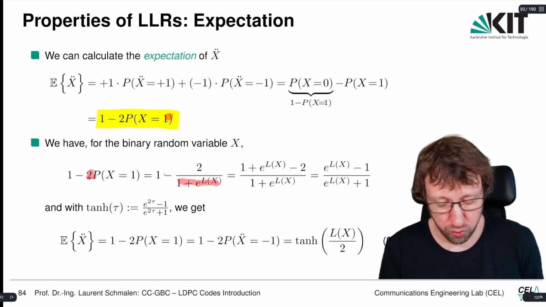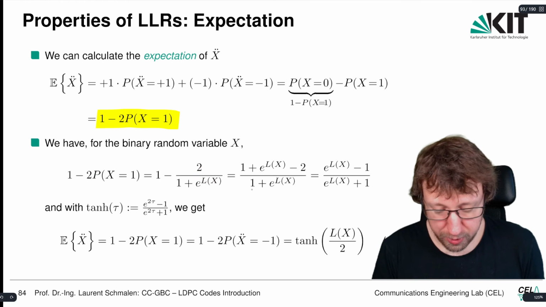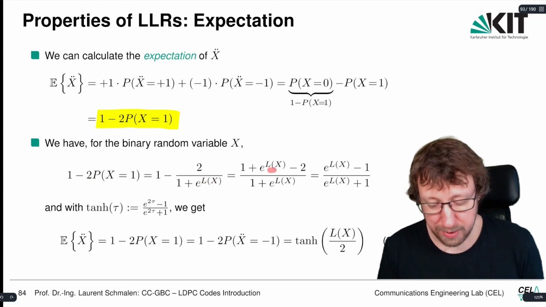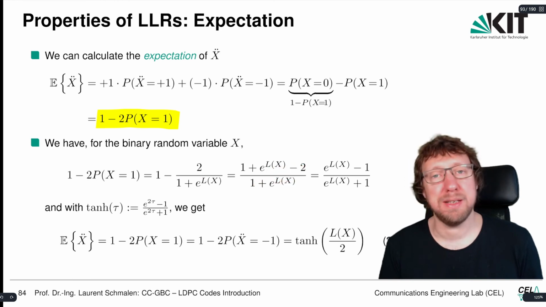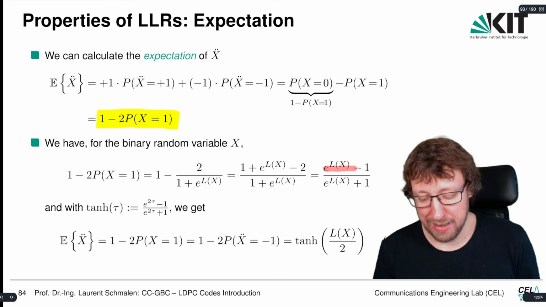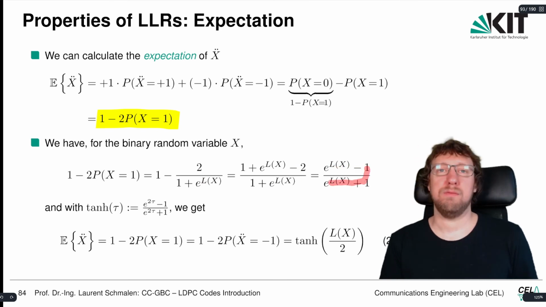We multiply by 2, so that's 2 in the numerator, and we have this expression. And when we further bring this on a common denominator, we get 1 plus e to the power Lx minus 2 over 1 plus e to the power Lx. And rewriting, this is e to the power Lx minus 1 divided by e to the power Lx plus 1.